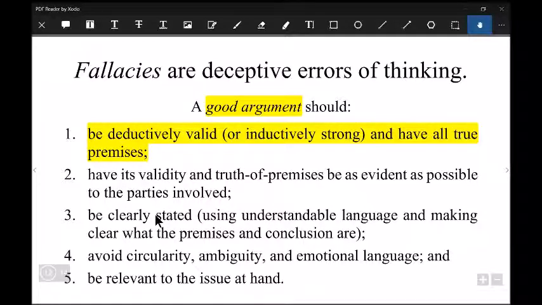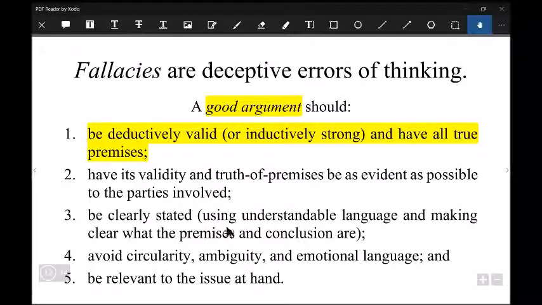The argument should be clearly stated. I criticized Ayer's argument, uncaused. It wasn't quite clear what he meant by that. Using understandable language. Your language in your argument might be correctly stated logically, valid, true, and all that, but it might be too complicated for people to understand.